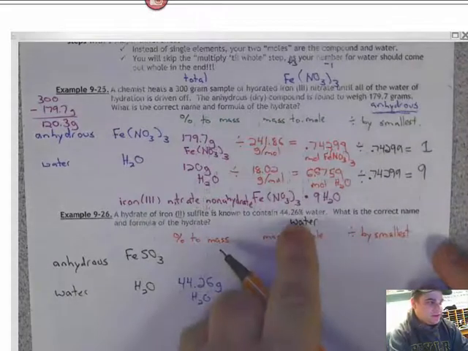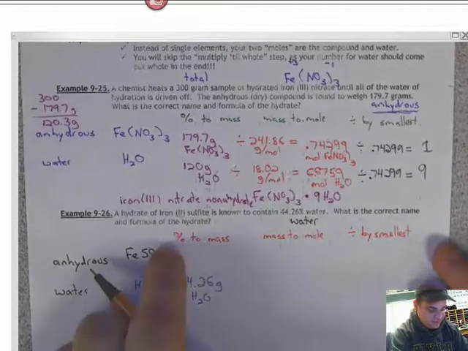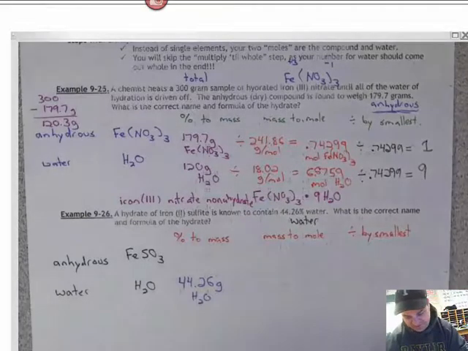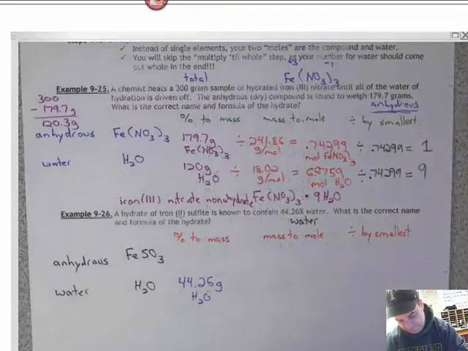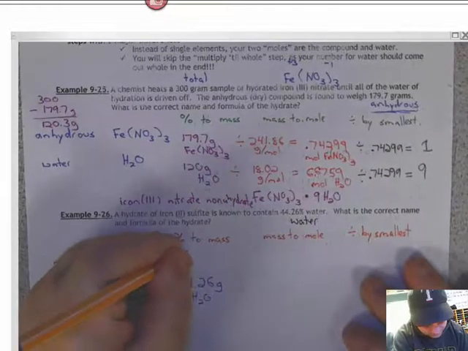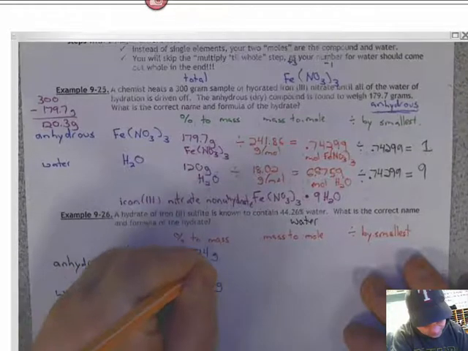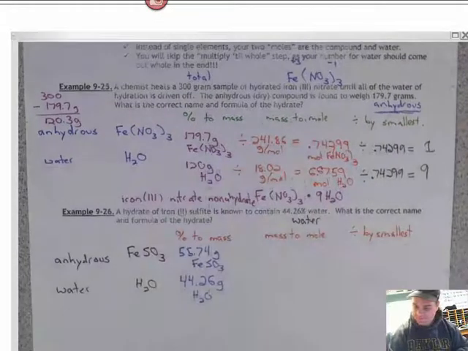I know that the percents have to add up to 100, correct? So if I do 100 minus 42.26, I end up with 57.74 grams of iron sulfite.